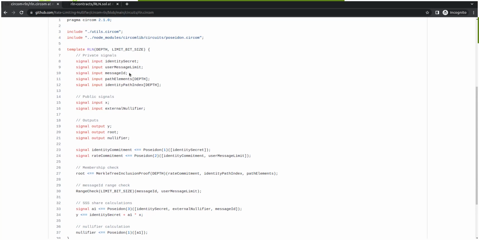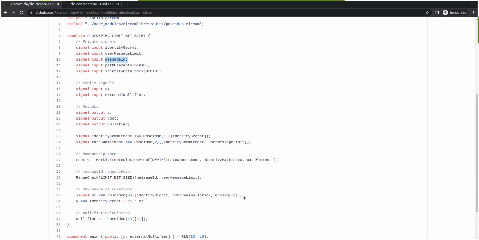So we have this message ID. It's just a variable, a counter, and it adds some randomness, and we are able to use a first degree polynomial and at the same time have higher message limits.